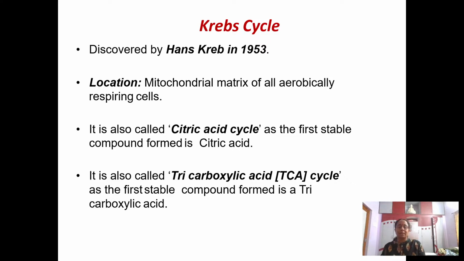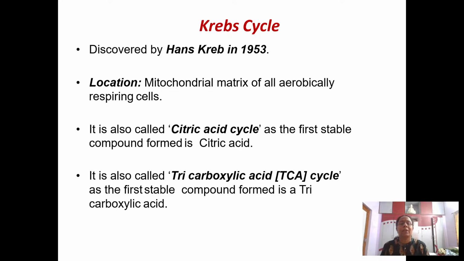Since citric acid contains 3 COOH groups and is the starting compound formed in the first step, this cycle is also known as the TCA cycle. So, which are the three names? Krebs cycle, citric acid cycle and tricarboxylic acid cycle. And remember, it is an aerobic pathway which takes place in the mitochondrial matrix of all aerobically respiring cells.